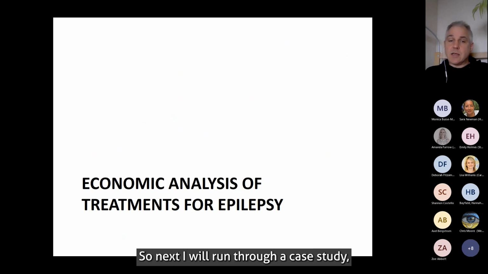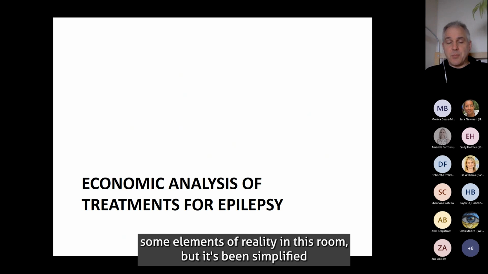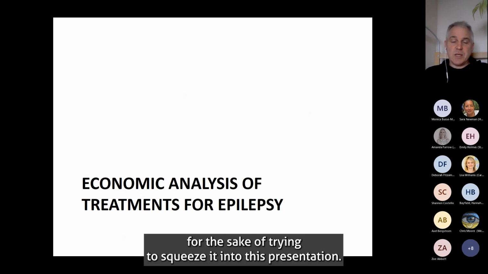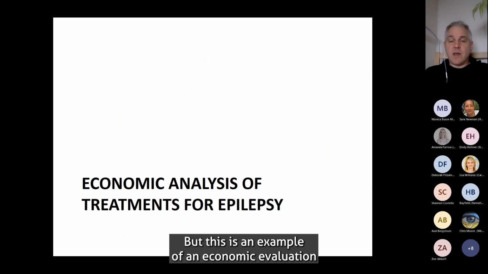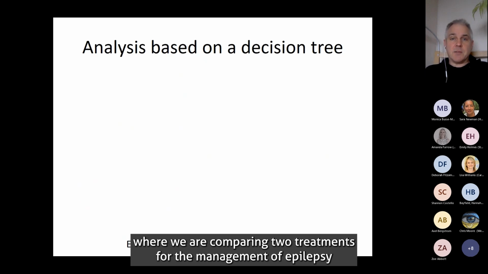Right, so next I will run through a case study. There are some elements of reality in this one, but it's been simplified for the sake of trying to squeeze it into this presentation. This is an example of an economic evaluation where we are comparing two treatments for the management of epilepsy.